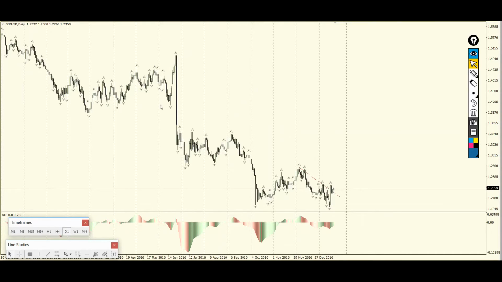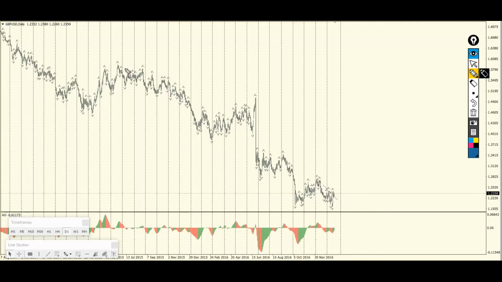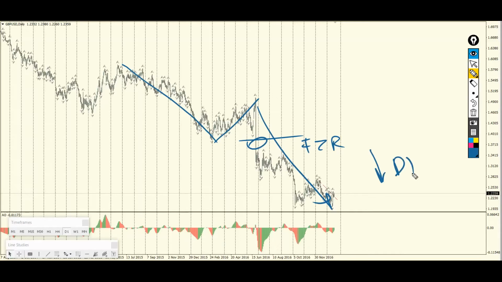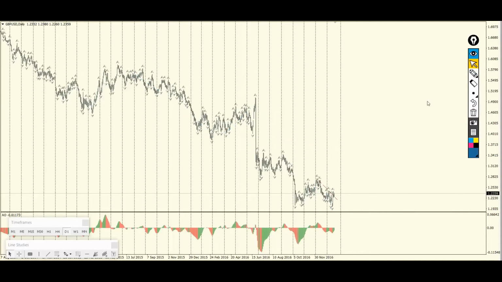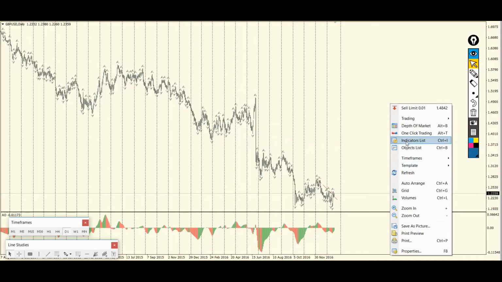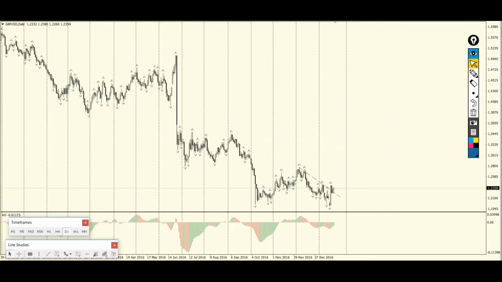Next one is D1. What I'm looking for here is this FZR, which means also trend down for the daily time frame. We are in a trend down phase here, but the only difference is that here we can already see a pivot point based on MF technical analysis, which is here.